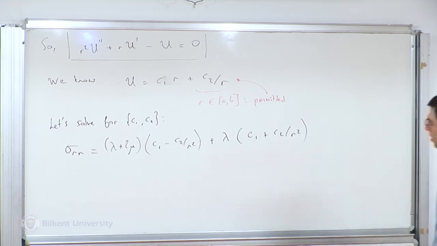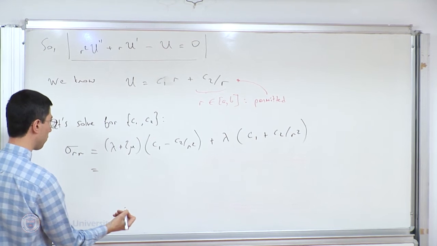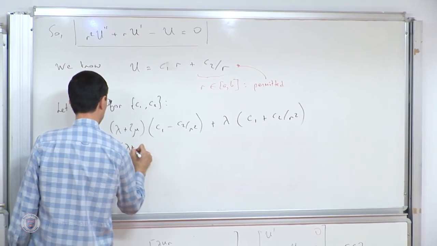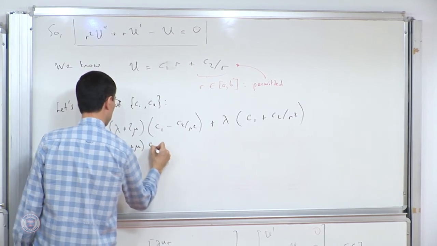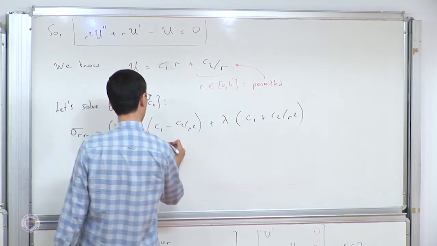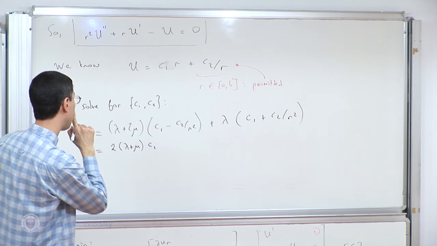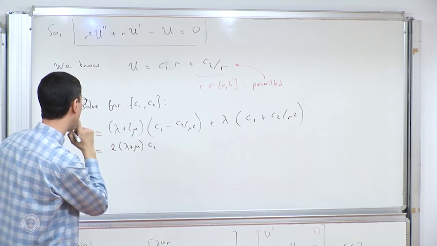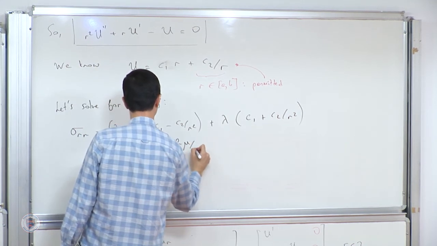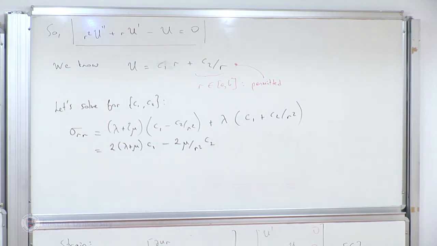So that's what sigma rr looks like. And if I collect terms that multiply C1 and C2, I have 2 lambda plus mu multiplying C1, and then I have minus 2 mu over r squared multiplying C2.